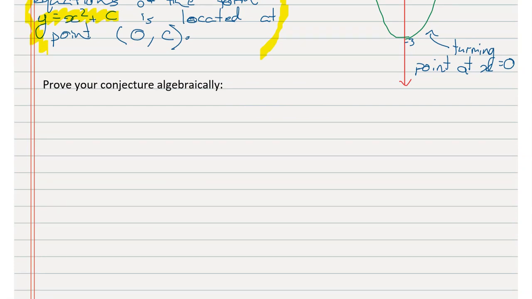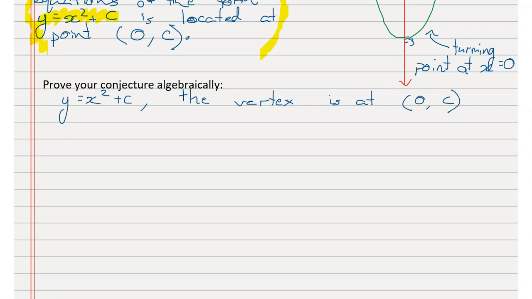So we said for our form y equals x squared plus c, the vertex is at (0, c).